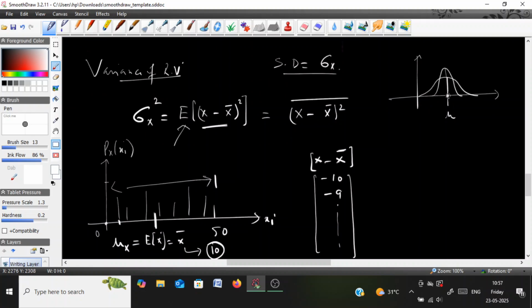The mean of this is also mu. Both have the same average value or expected value, but you can expect that the variance of this random variable will be higher as compared to this, because the spread of this is less as compared to the spread of this random variable.